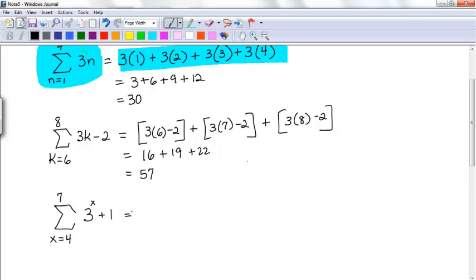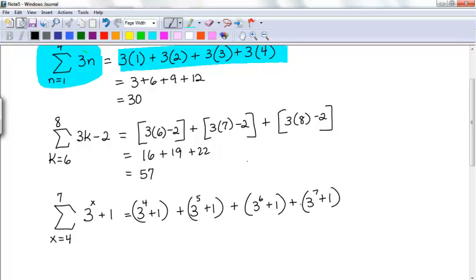So that actually means 3 to the 4th plus 1, plus 3 to the 5th plus 1, plus 3 to the 6th plus 1, plus 3 to the 7th plus 1. Now, I could punch that in on the calculator just as it is right there and get my answer.